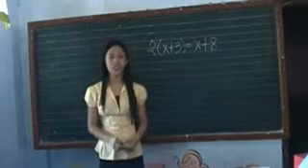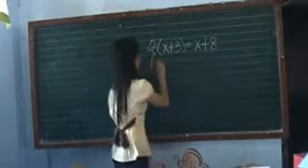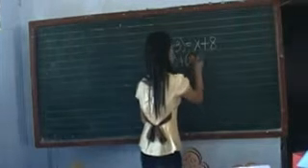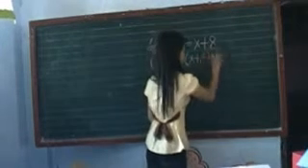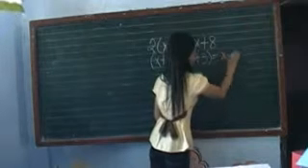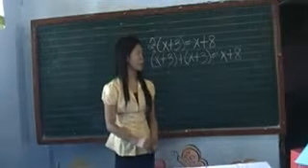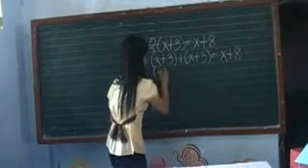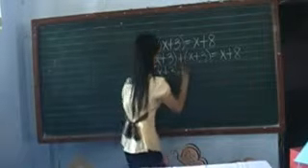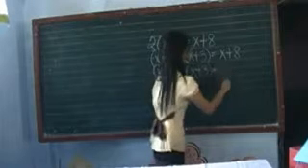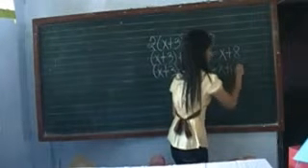We can rewrite the equation as the quantity x plus 3 plus the quantity x plus 3 is equal to x plus 8. We can also write 8 as 5 plus 3. So x plus 3 plus x plus 3 is equal to x plus 5 plus 3.